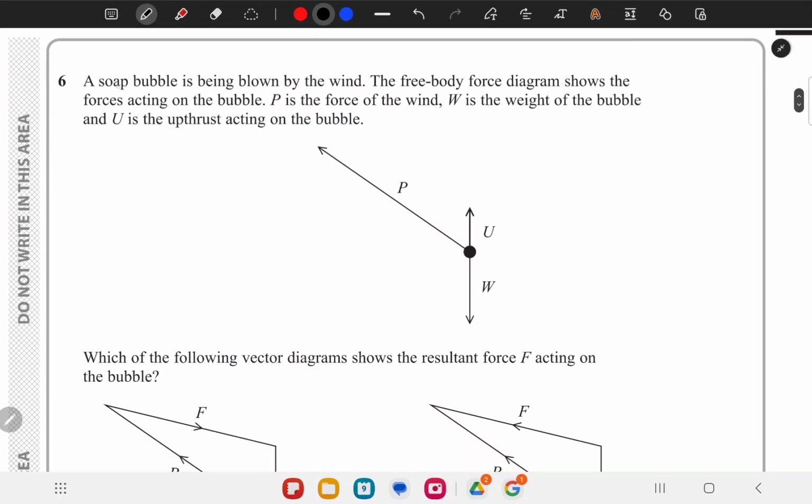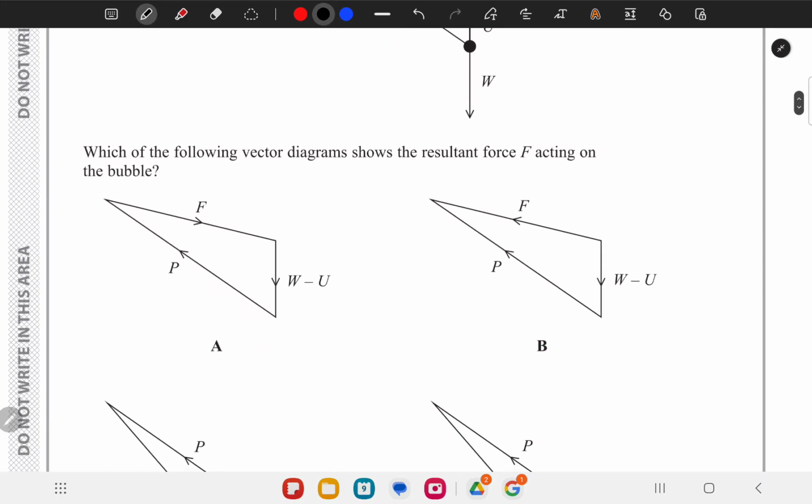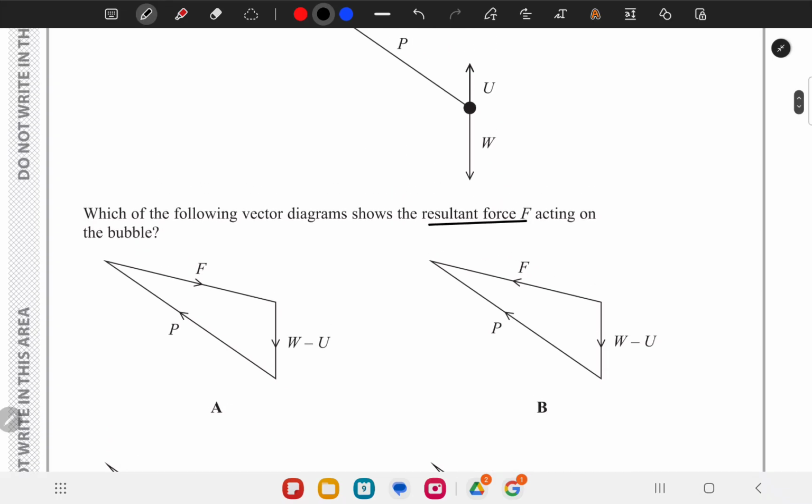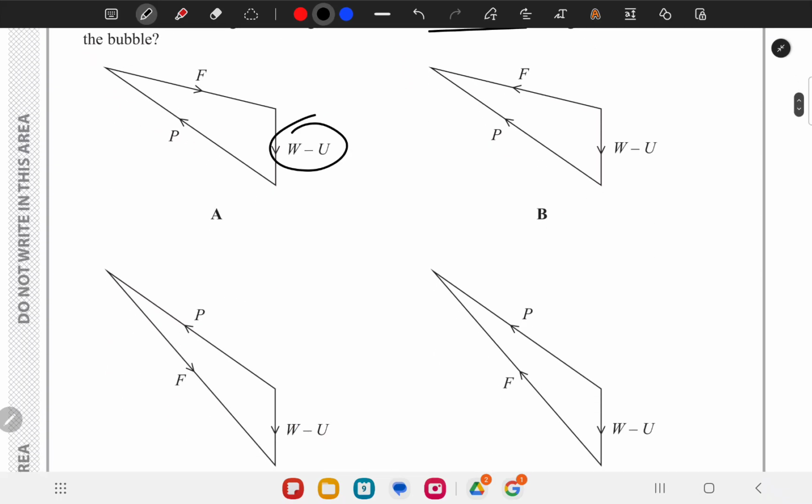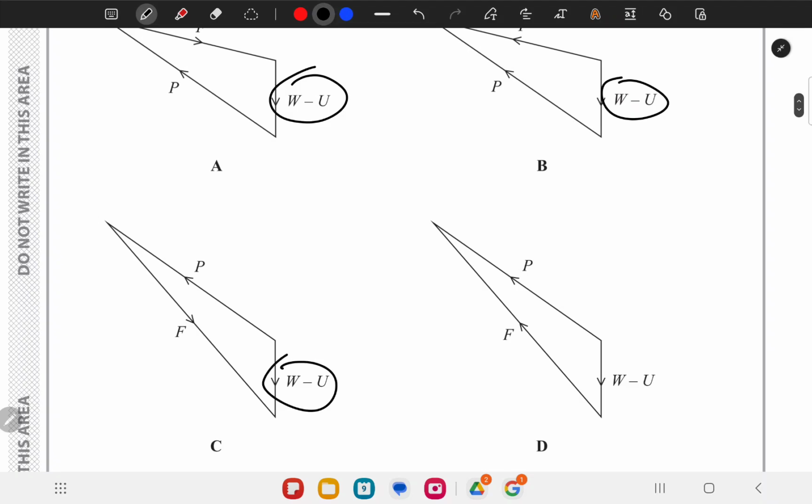Now in question 6, we are told that a soap bubble is being blown by the wind and its free body force diagram is shown below. So U is the upthrust on it, W is the weight of the bubble, and P is the force of the wind. We have to find which of the following vector diagrams shows the resultant force F. In all the cases, we have W minus U given.